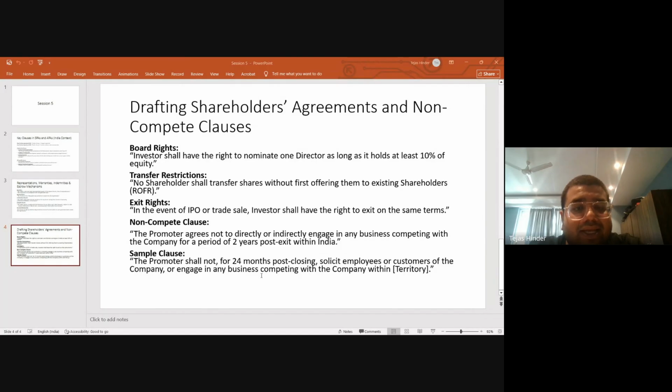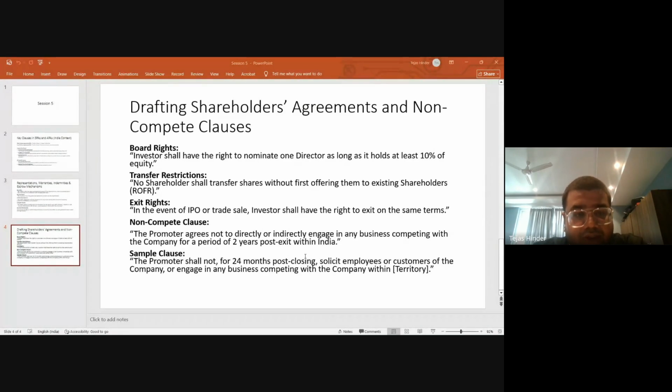So you're basically saying that the promoter or the founder or the seller will agree for a period of 2 years from the exit to not engage, invest, or operate, or maybe consult with or provide services to any competing business with the company that they were affiliated with within a specified territory.